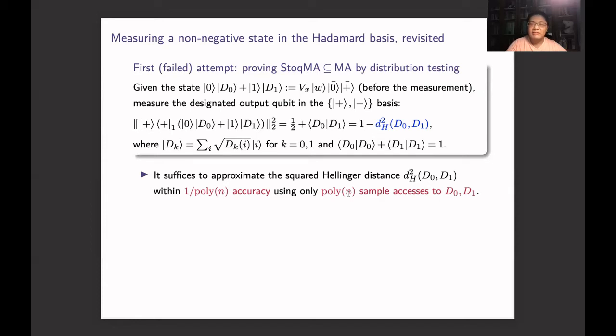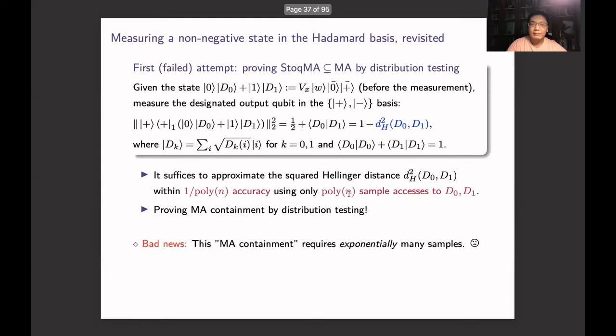Polynomially many samples means that the new verifier just has a polynomial factor overhead over the original verifier. Therefore, it seems we can prove MA containment by distribution testing. However, if you still remember the sample complexity lower bound we mentioned before, this kind of MA containment requires exponentially many samples. So the new verifier will have exponential size, and that's not good for us.